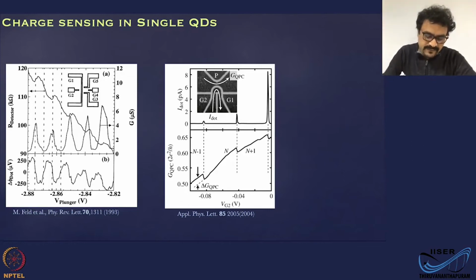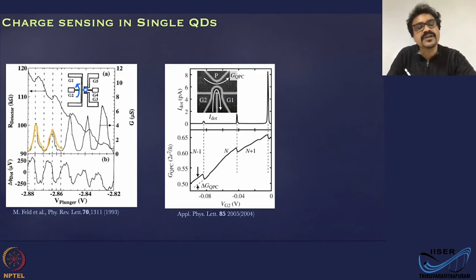So what we have here in this experiment, this is the first experiment on detecting charge motion in a single quantum dot using quantum point contact. What we have here is a gated quantum dot and a quantum point contact channel. And the Coulomb blockade oscillations in the quantum dot are shown here.